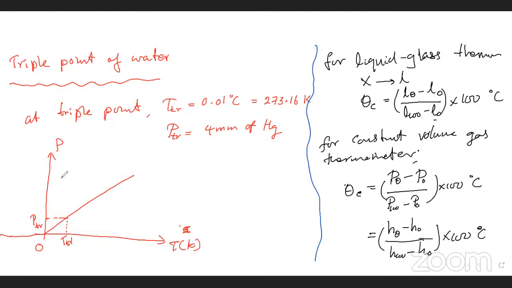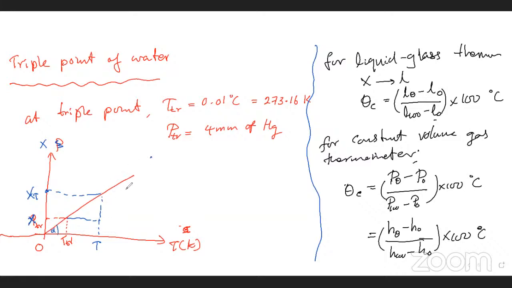So the temperature corresponding to any unknown value: if you know the value, I will use this instead of pressure, the thermometric property, X at the triple point, and X at the unknown temperature T. Then you can write this using the gradients as equal.